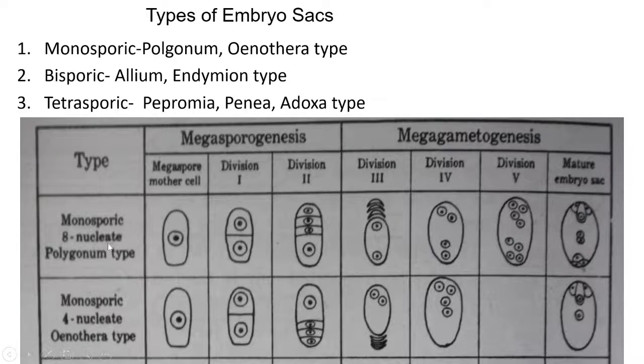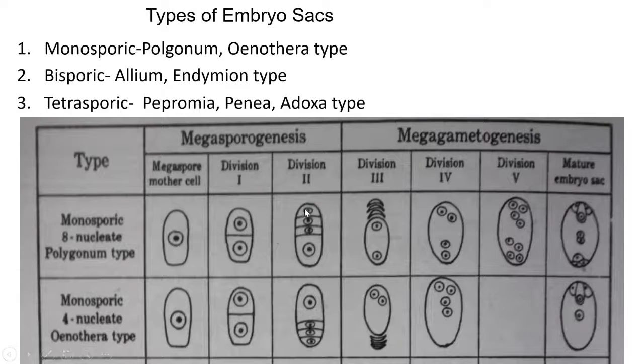Now let us see one example of monosporic, the Polygonum type. In this case, 4 haploid megaspores form the megaspore tetrad. This is the megaspore mother cell that undergoes meiosis I, which forms 2 haploid megaspores. These 2 haploid megaspores again divide transversely to form the linear tetrad of 4 megaspores.